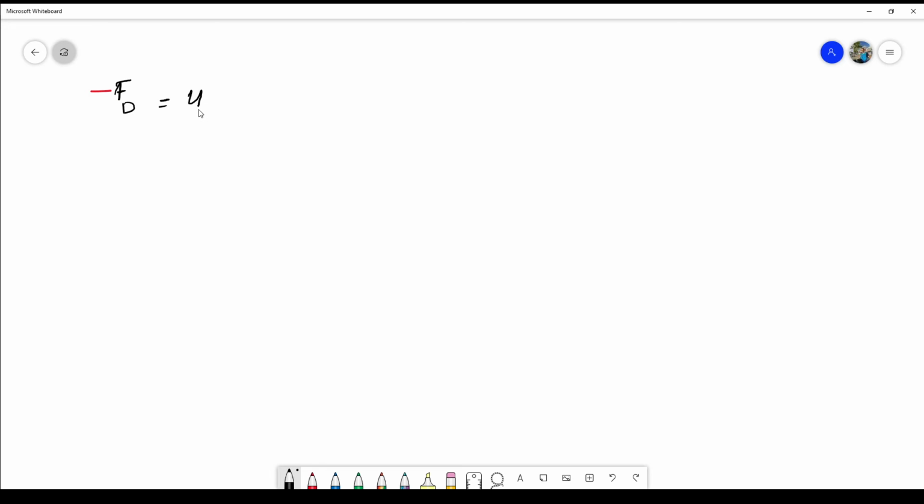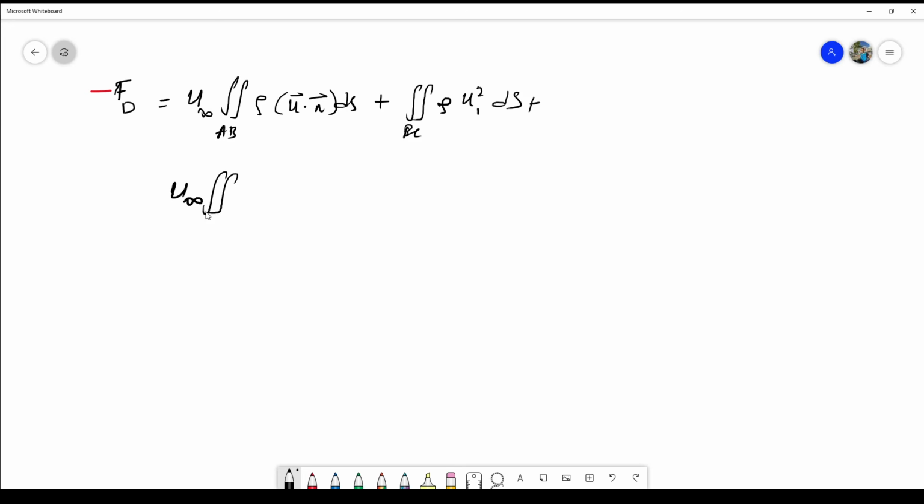Now we have the integrations of these on the surface AB, so we have u·n ds, plus the integrations on the outlet conditions, rho u_i squared ds, plus rho u infinity on the surface CD.